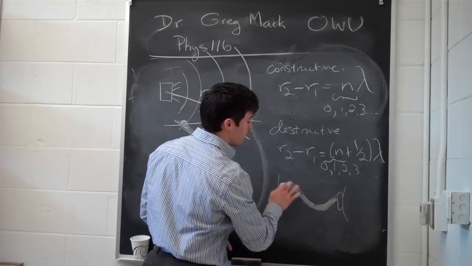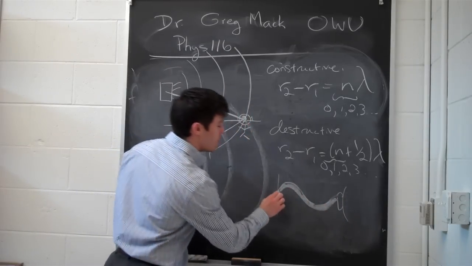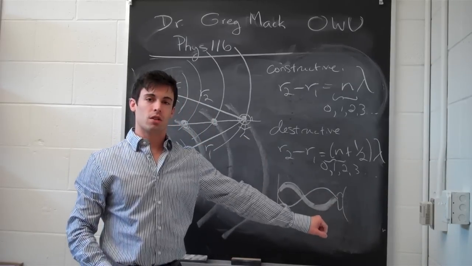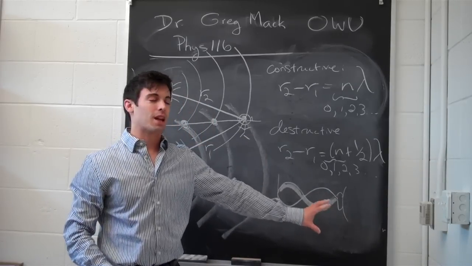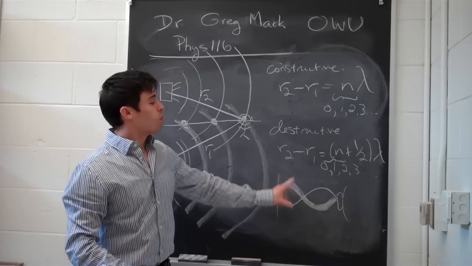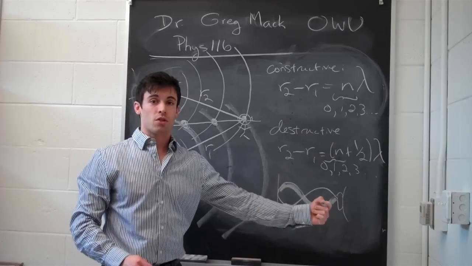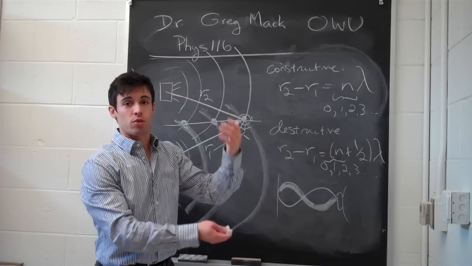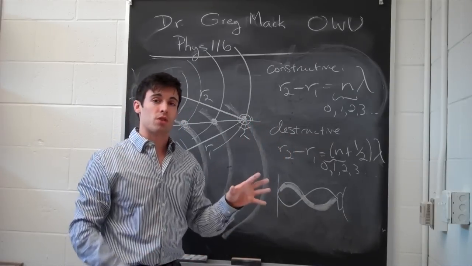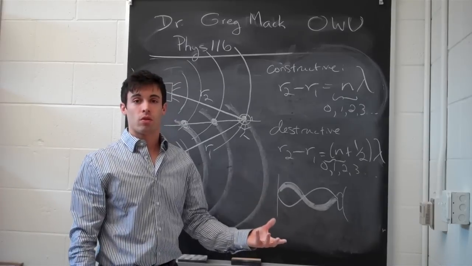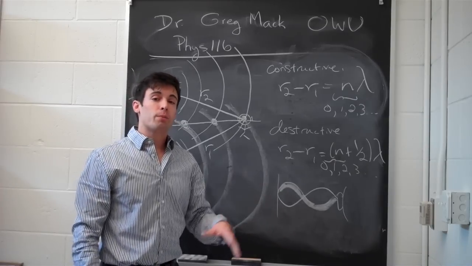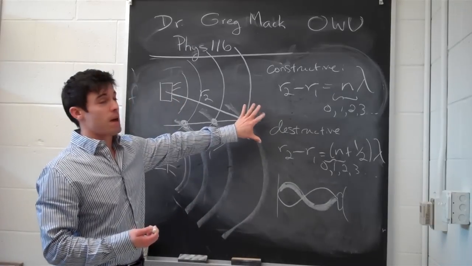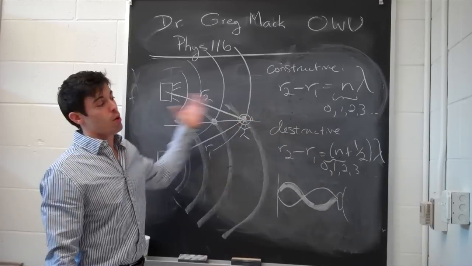If instead they're separated by 1/2 a wavelength, then that means that you're hearing the spot where they're destructively interfering with each other, so that the compression of the one is equal to the rarefaction of the other as it approaches your ear, which would end up giving you completely destructive interference where you would hear nothing. Okay? It all depends on how they add up as it's reaching your ear. And that is expressed in terms of this path length difference right here, as long as they're both giving off the same wavelength.